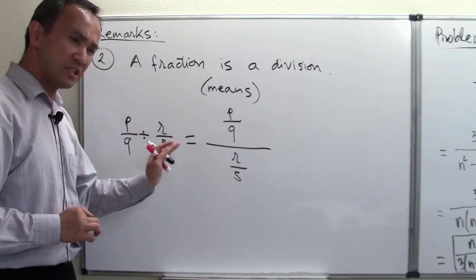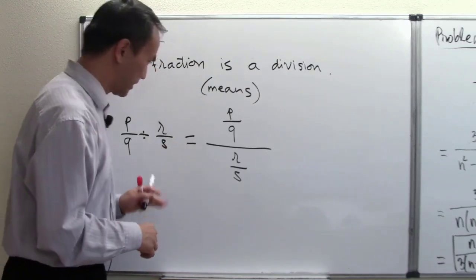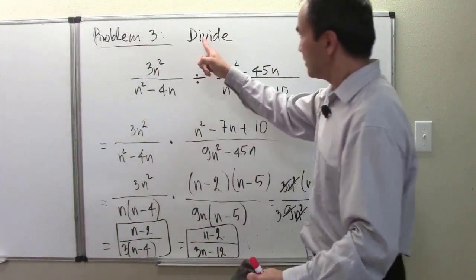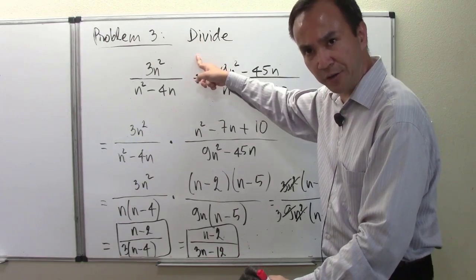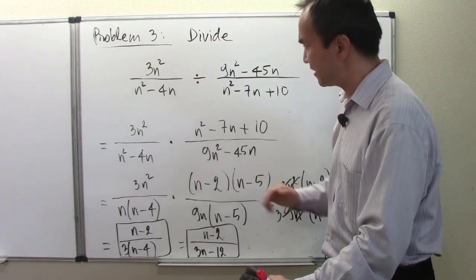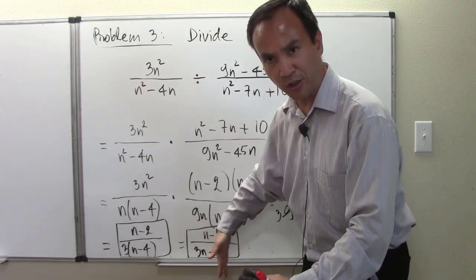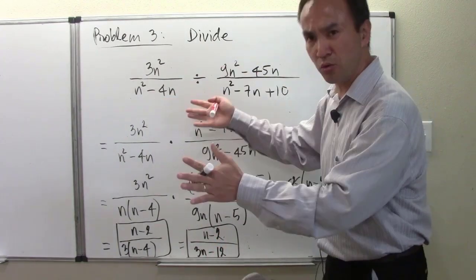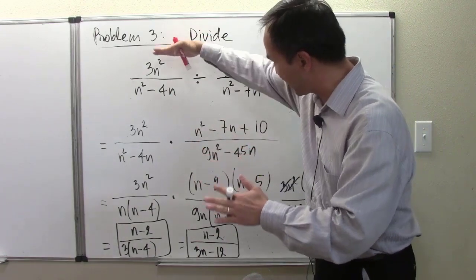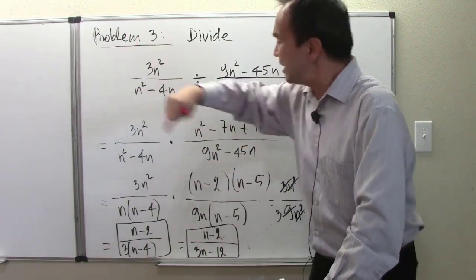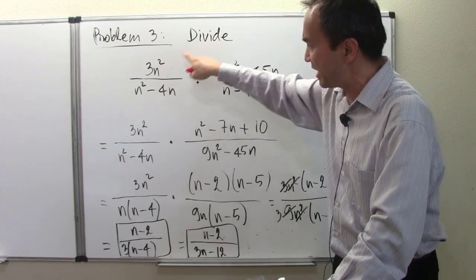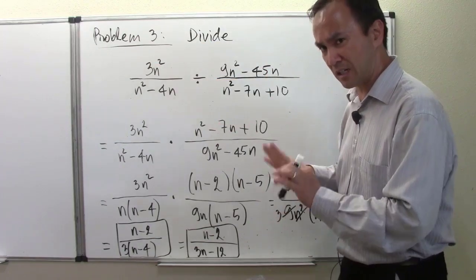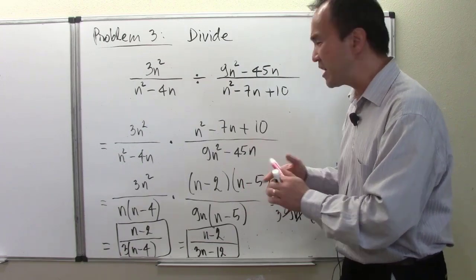But so what's the consequence? What's the consequence of this remark I'm about to say here? This problem 3 that we have done earlier, now let's ignore all of the work that was done. The same exact problem, the original wording I was indicating is divide that into this. But the same exact problem could have been worded as following.